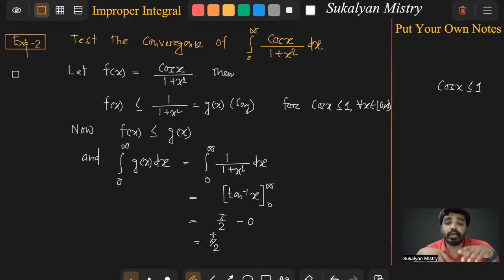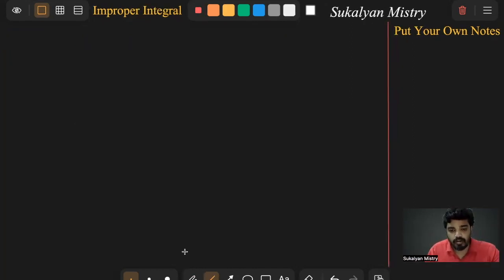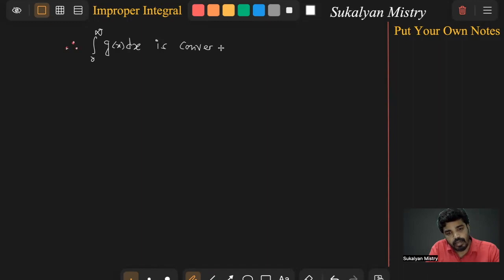So we conclude that integration 0 to infinity g(x) dx is convergent.